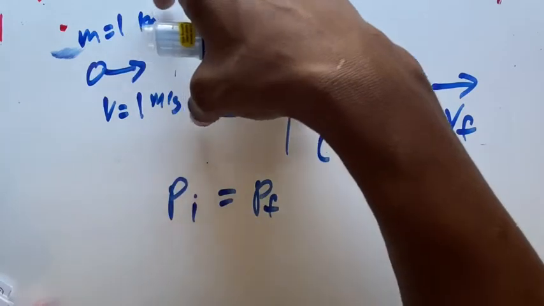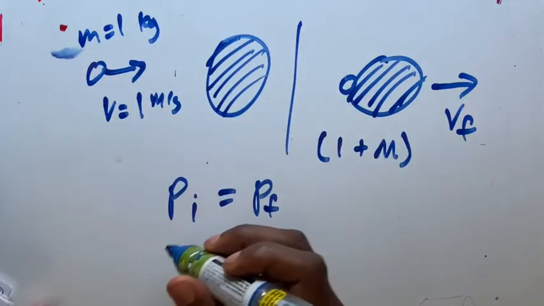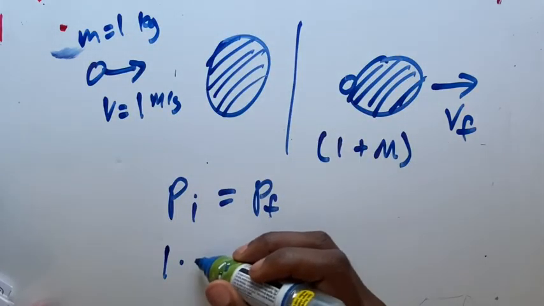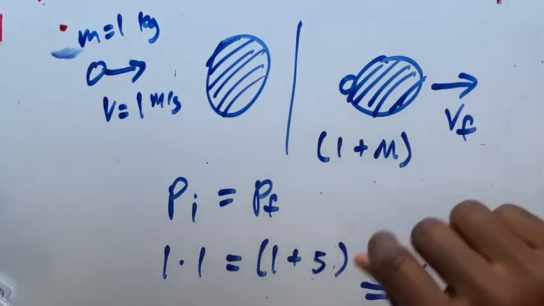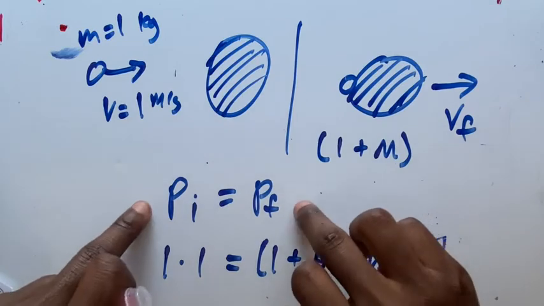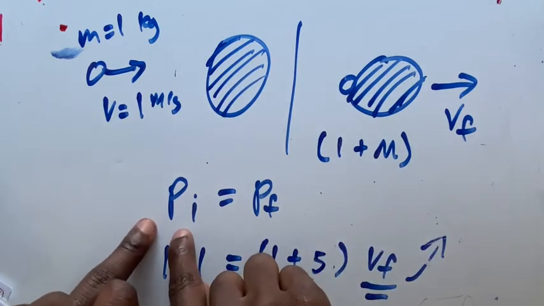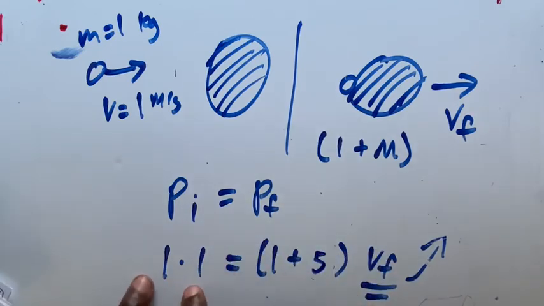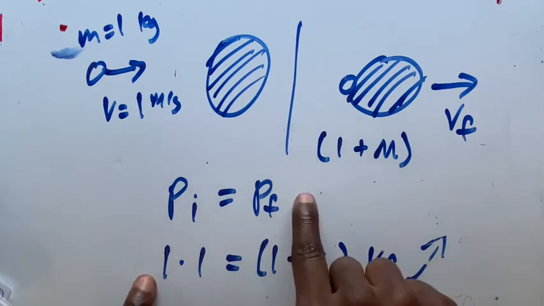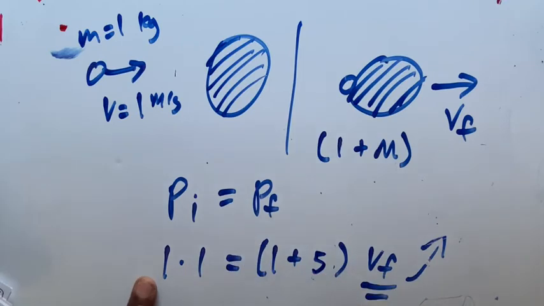Initially, we only have this momentum, so we have 1 times 1. Using conservation of momentum, we know the initial momentum is going to be equal to the final momentum. So if the initial momentum is 1, then the final momentum must also be 1. So the answer is going to be D.